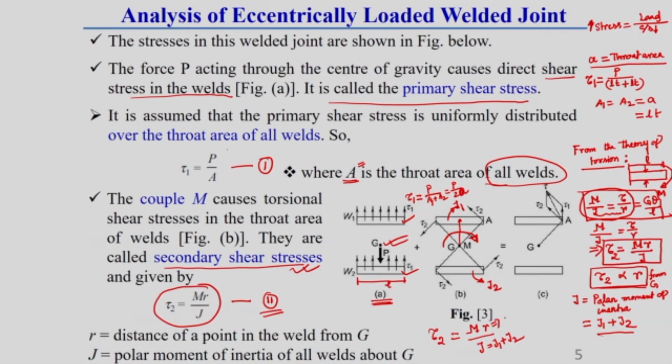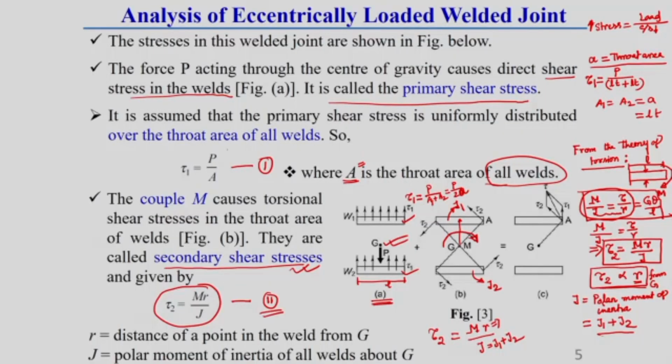So, we got a very interesting idea here. This tau 2 is proportional to R. So, we have to find the secondary shear stress at the position where the maximum secondary shear stress will develop.